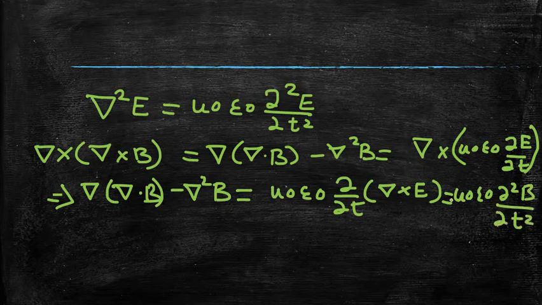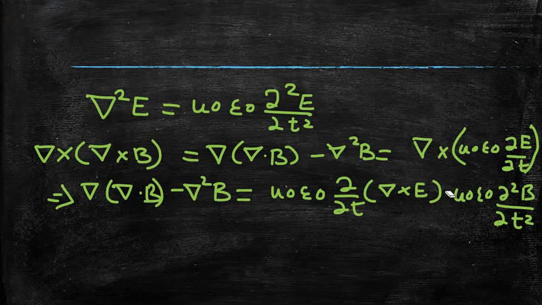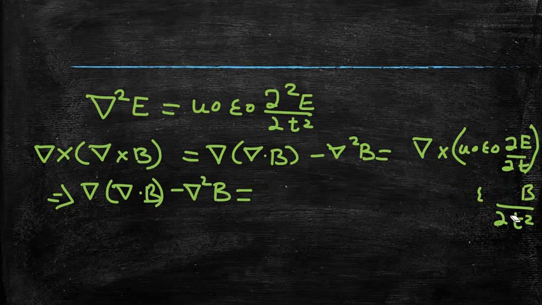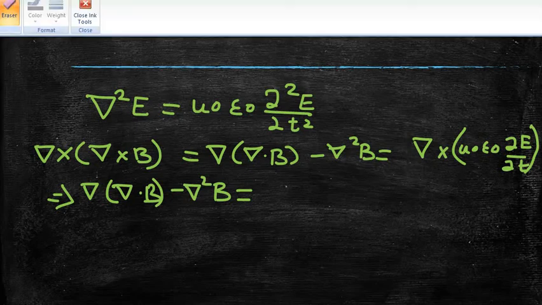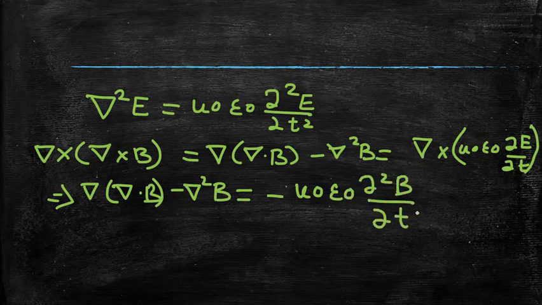This is actually minus, so there will be a minus sign also. Let us put a minus sign here. So this whole thing comes out to be minus mu 0 epsilon 0 dou square B by dou t square.